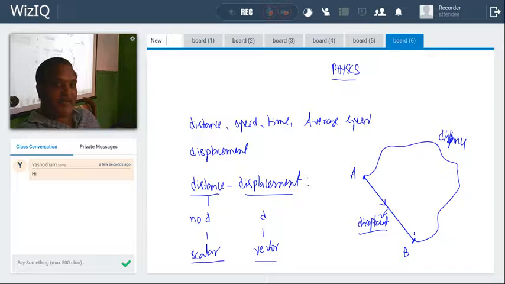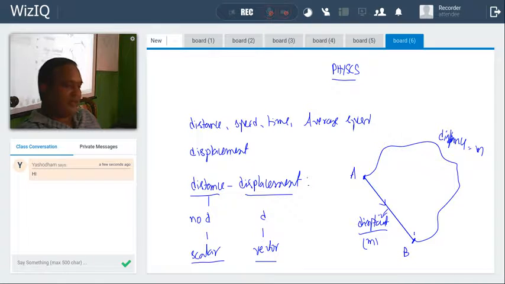So what is the direction? It is in the direction of B. Because it is a length, its unit is like distance. The distance unit is meters and the displacement unit is also meters.